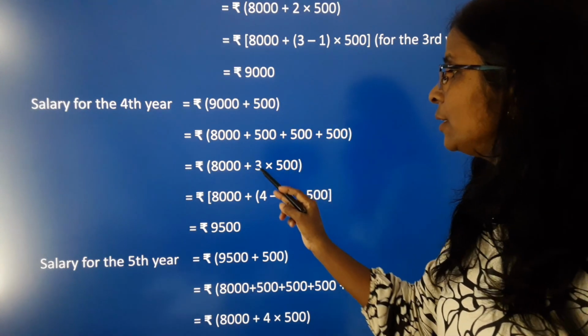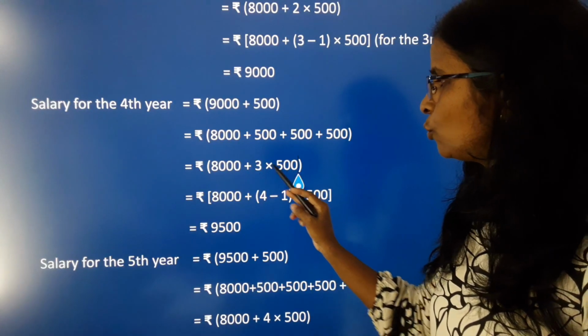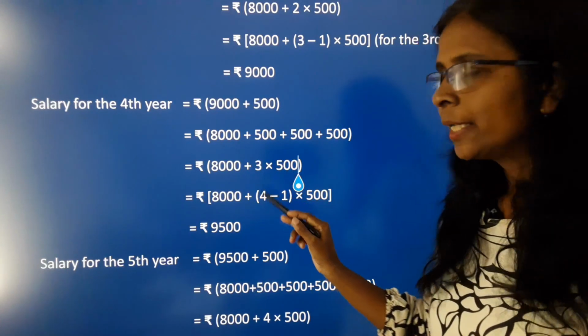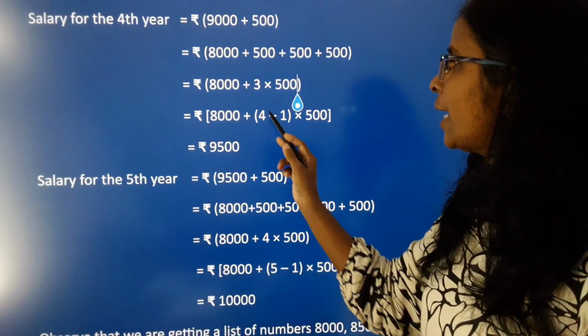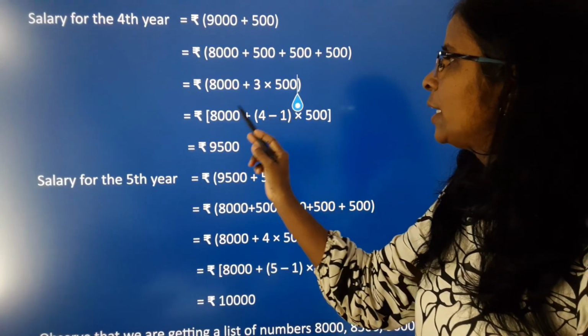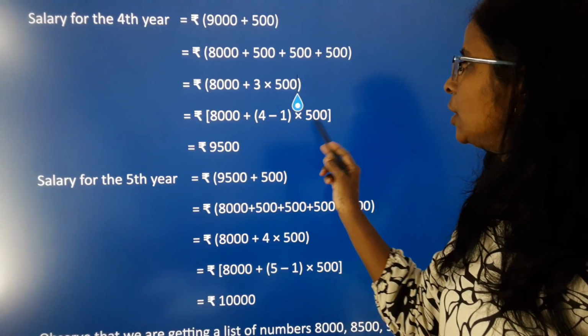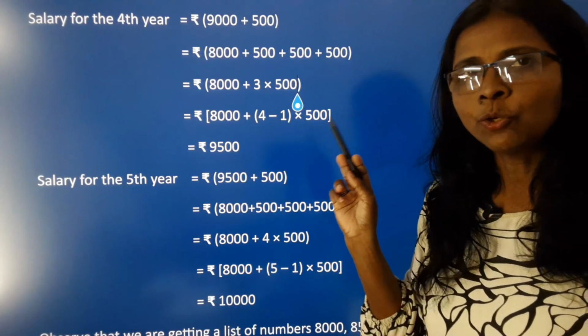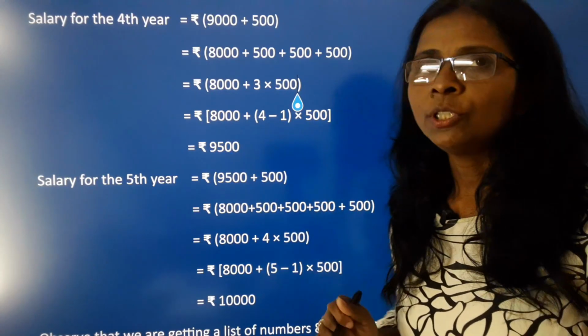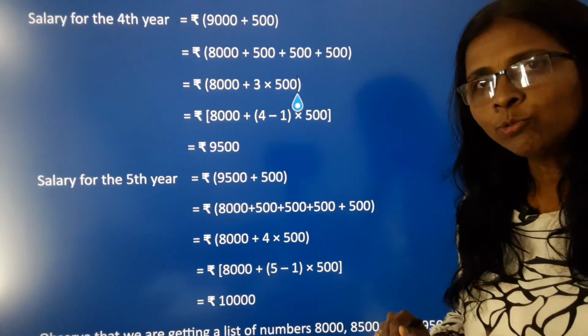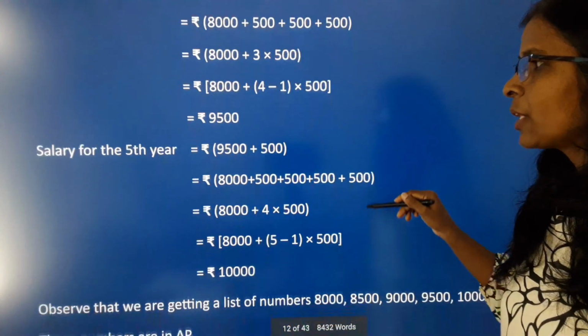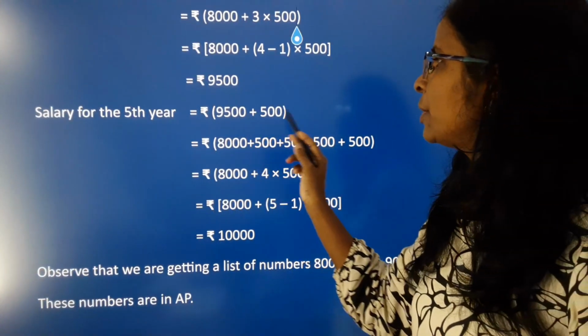So we write here 3 into 500. How can we write the 3 in subtracted form? We write 3 as 4 minus 1. So here 8,000 plus 4 minus 1 into 500. So rupees 9,500 is the salary for the fourth year. Now the salary for the fifth year: 9,500 plus 500.